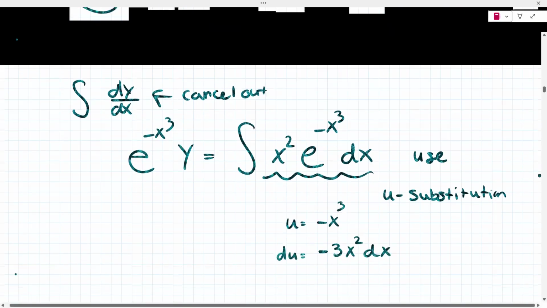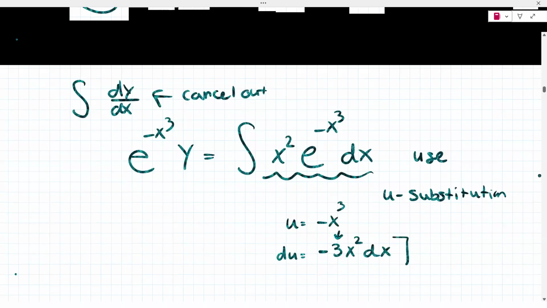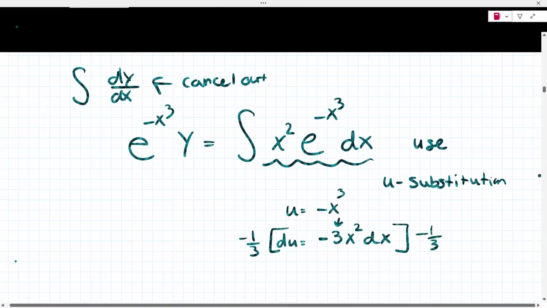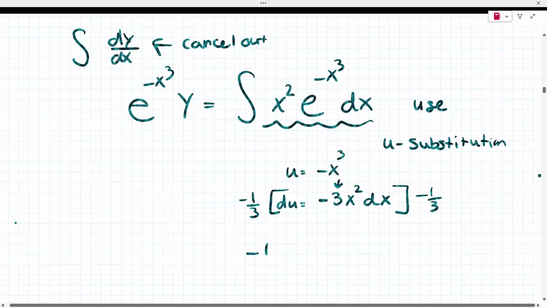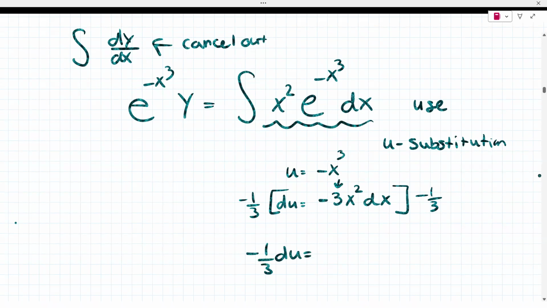And it looks like we have to get rid of this negative 3, right? Because if we do, the x squared comes out nicely. So let's get rid of this negative 3 by multiplying both sides by negative 1/3. So this is negative 1/3 du. And then over here, the negative 3 and the negative 1/3 cancel, so you're left with x squared dx.